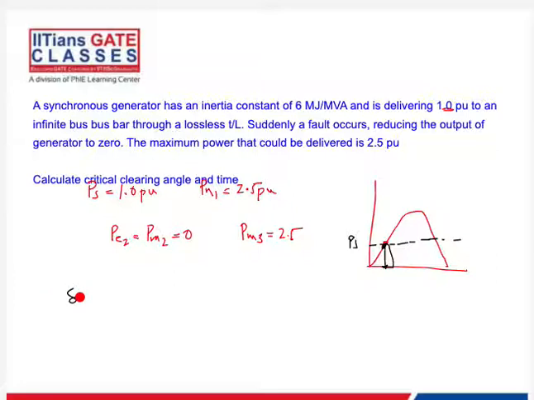So what will be delta 0? It will be sine inverse of Ps divided by Pmax. Are you guys going to do this problem? Give it a try. Good.